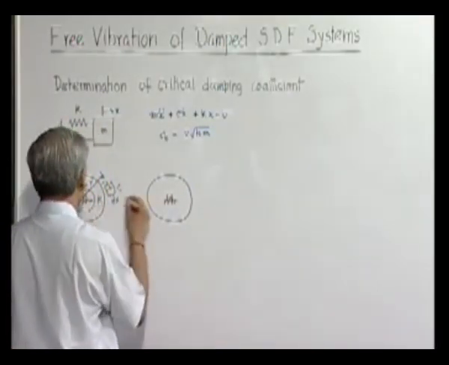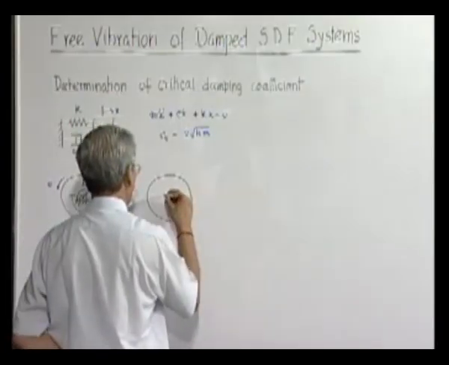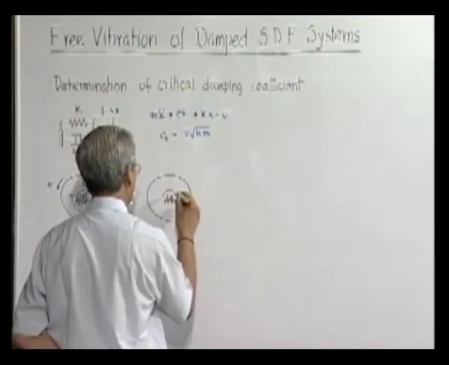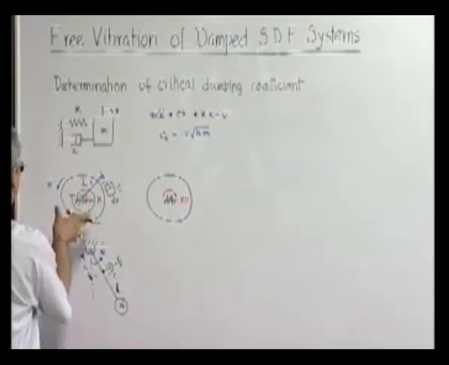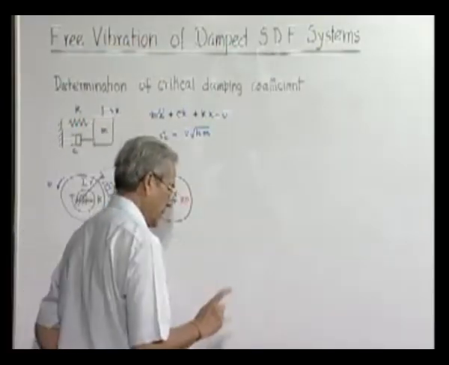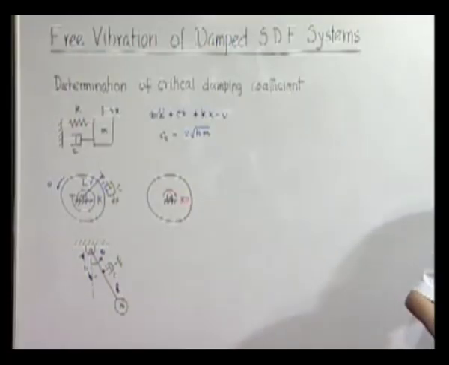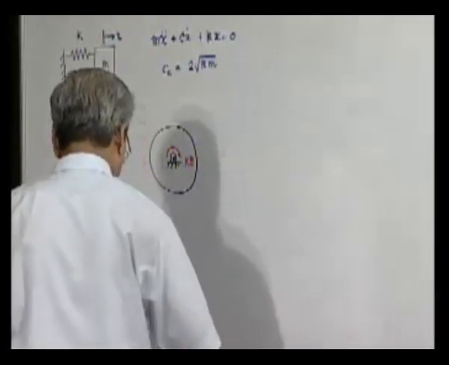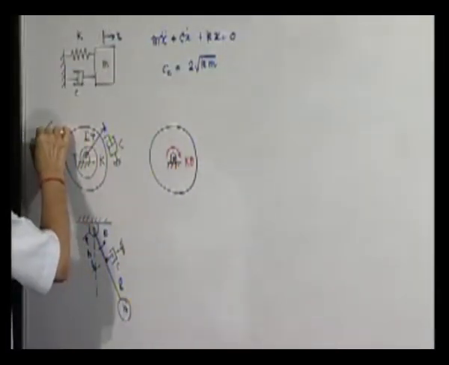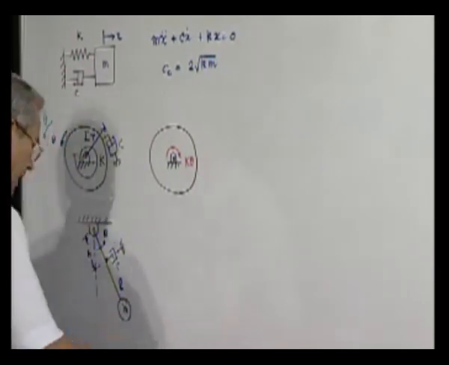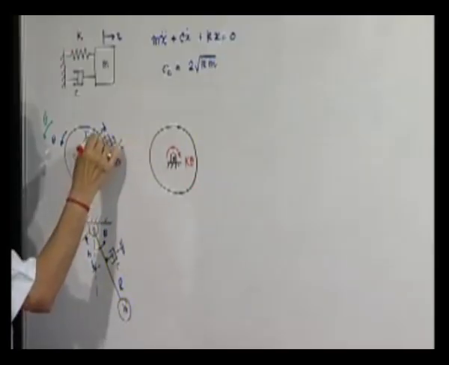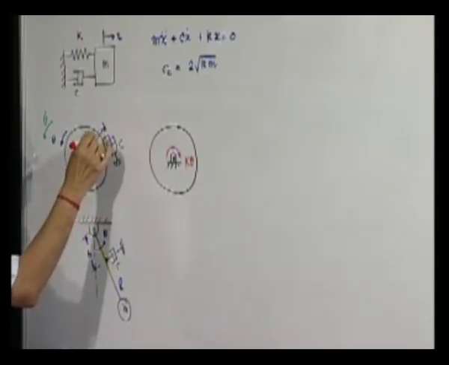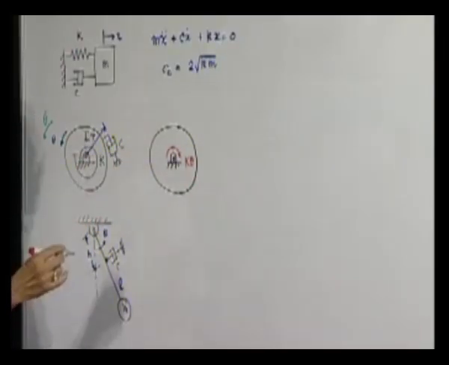The spring torque, suppose if it is going in this direction, so the spring moment will be capital K into theta, and if it is rotating in this direction with a velocity theta dot, then what will be the velocity here? The radius at which this damper has been placed is r. So, the linear velocity of the dashpot piston will be r into theta dot.